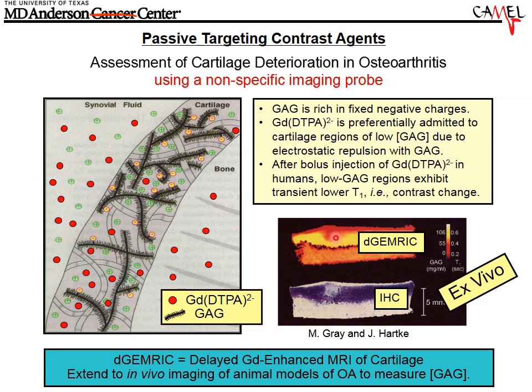And that can be seen in an MR image of a piece of cartilage that had low GAG content, where the contrast agent was detected using T1 weighted MRI. And that was confirmed with ex vivo staining, where the GAG content was low in that portion of cartilage. And this is really an excellent example from Martha Gray and Jim Hartke from many years ago in the early 2000s. And still, I think a great example of this method known as DGEMRIC, or delayed gadolinium enhanced MRI of cartilage. So, a passive targeting technique.